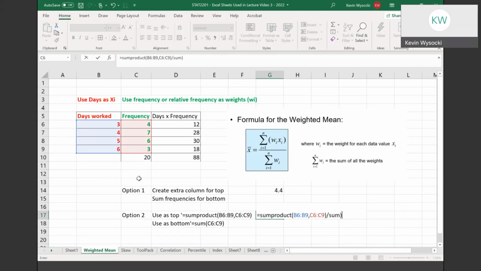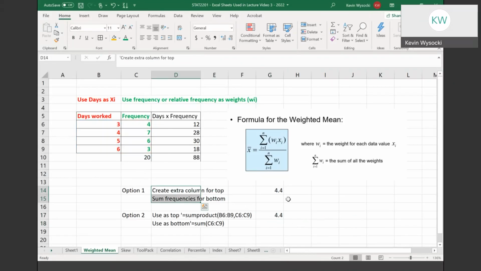Usually, if you don't have to do extra columns... So for our equation, we have the sum product of column B and column C divided by the sum of column C. That is the weighted average. So we get the exact same value, this 4.4. So choose either way, or you can do it on your calculator, depending on how large the data set is.